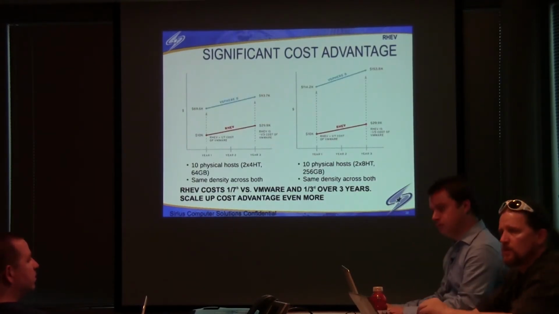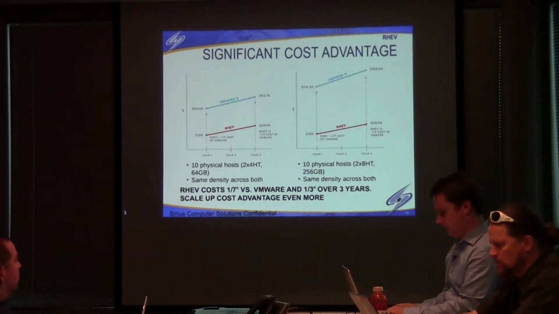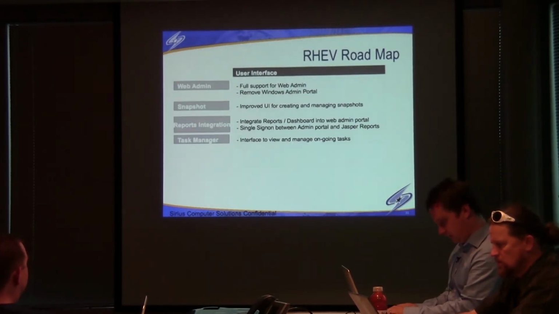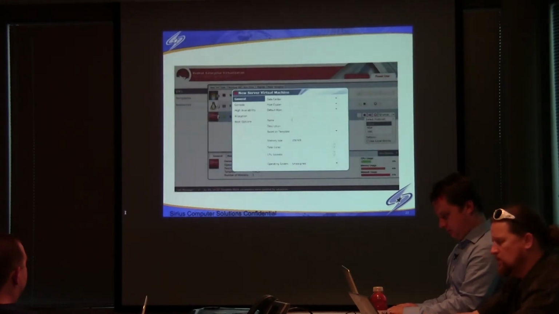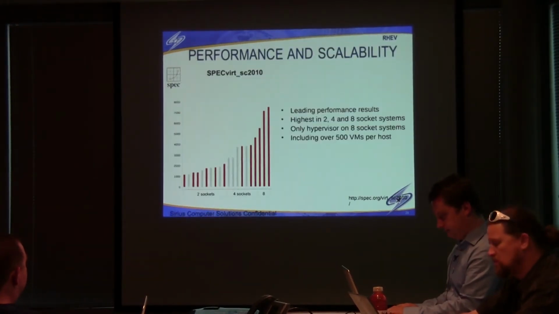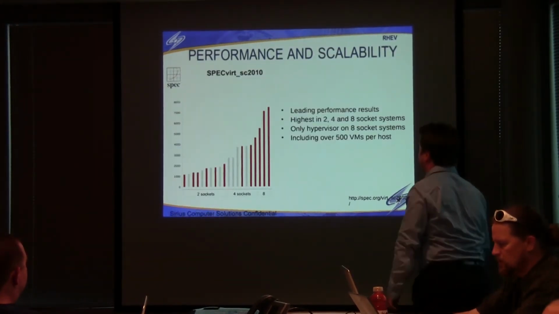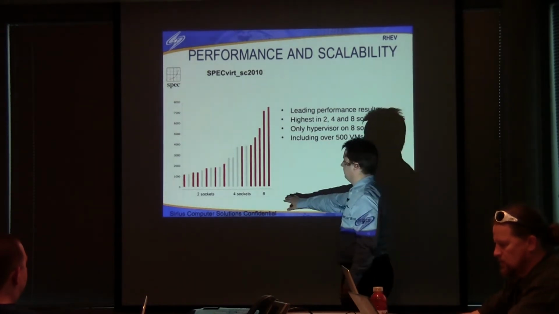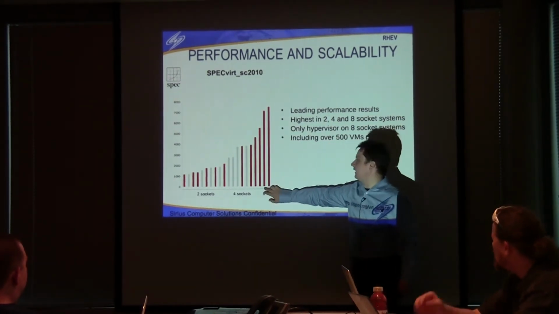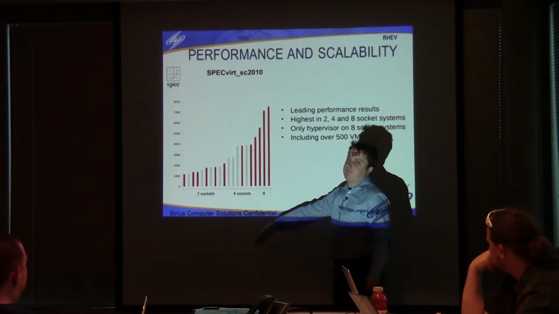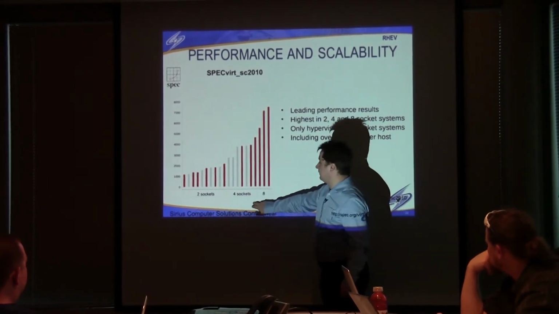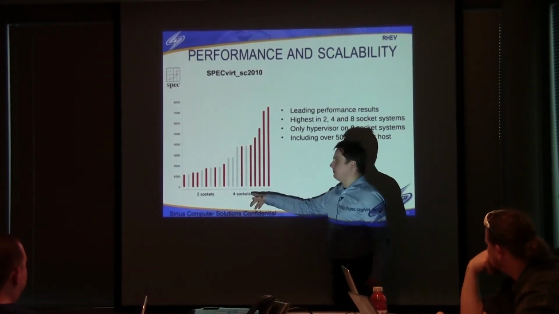Do you have any statistics on performance? Yep, so we have that all the way back. SpecVirt, they did. This is KVM against vSphere. These numbers are from the beginning of the year.